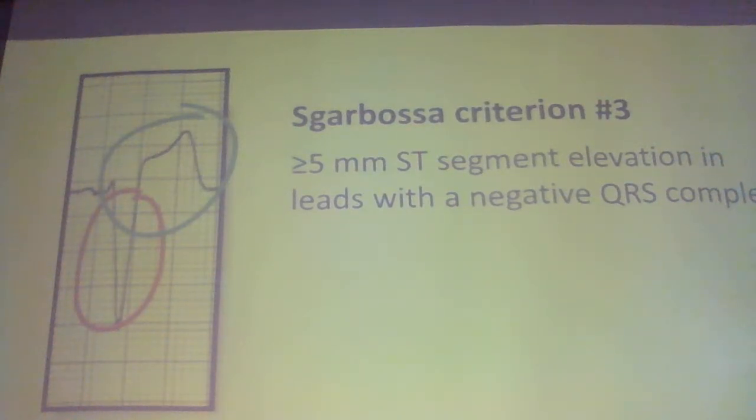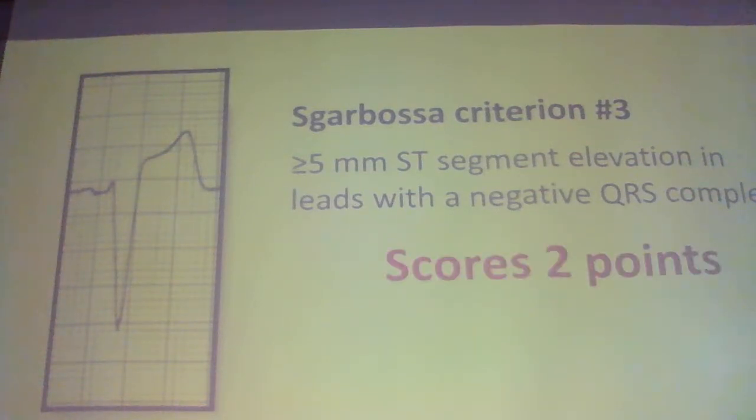But what we're looking for in the Scarbossa criteria is evidence of very exaggerated ST segment elevation, and this is when it measures 5 millimeters or more in height. And if we see that, then we score 2 points.